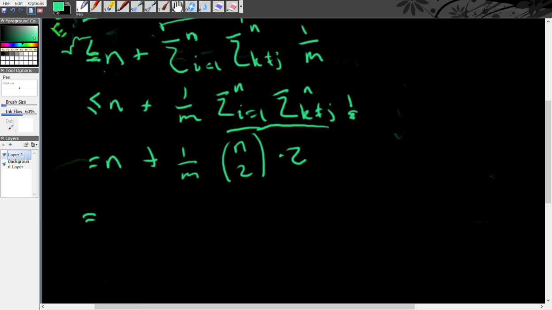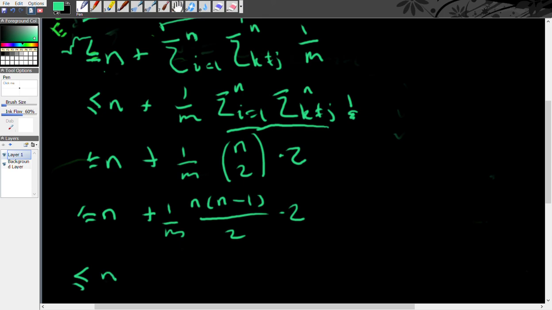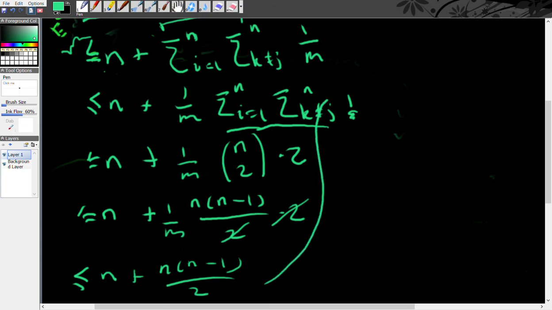This is the same as n times n minus 1, so it's less than or equal to n times (n minus 1) over 2, times 2, and 1 over m. This is the home run. This cancels out, so now I have n plus n times (n minus 1) over 2. Let me just move this up here.